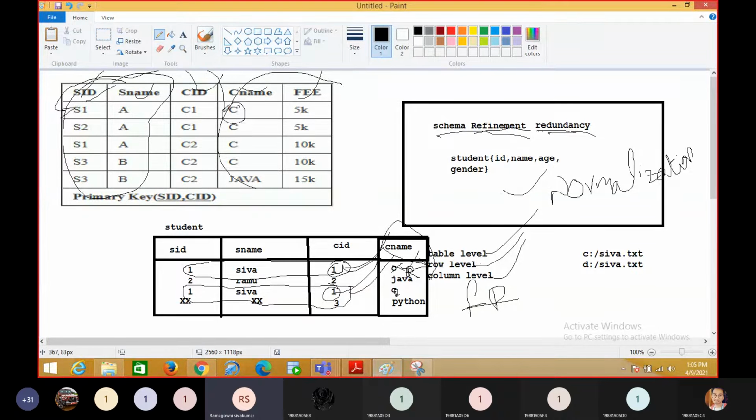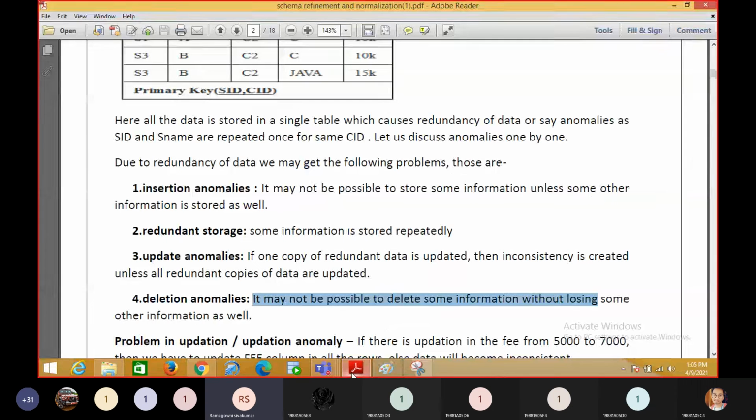You are trying to delete course data, but the related data will also be deleted. That means you are losing student data also. If you delete course data, you lose student data. That is the problem of deletion. It may not be possible to delete some information without losing some other information as well.